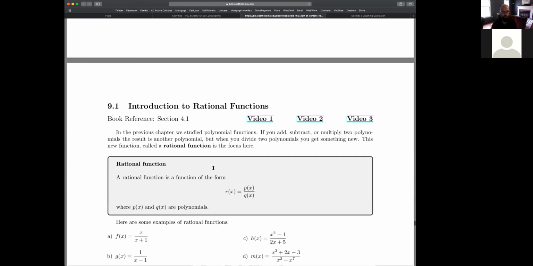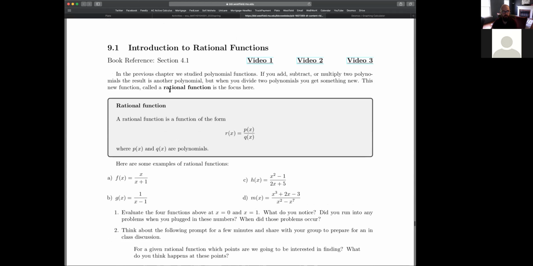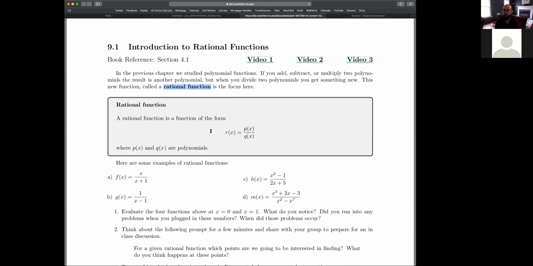But to give a quick primer here, we have this new type of function that we call a rational function. The previous question was a polynomial. And a rational function occurs when you divide two polynomials, right? We saw that we can add polynomials, multiply them, and subtract them, and we still get polynomials.